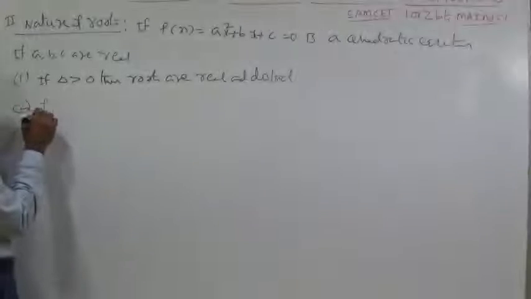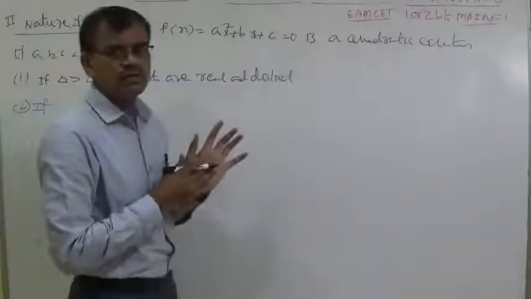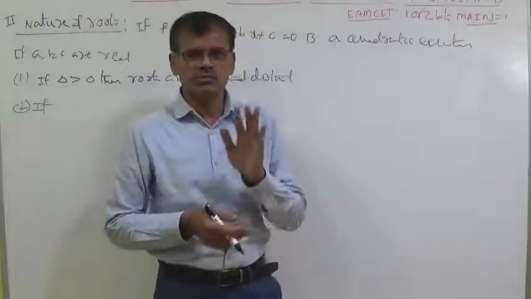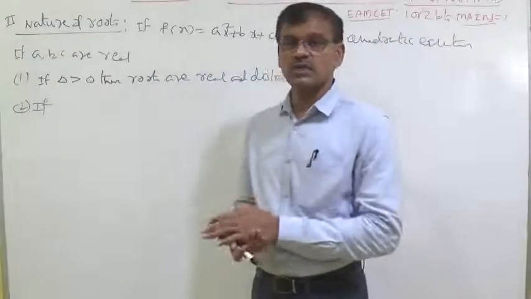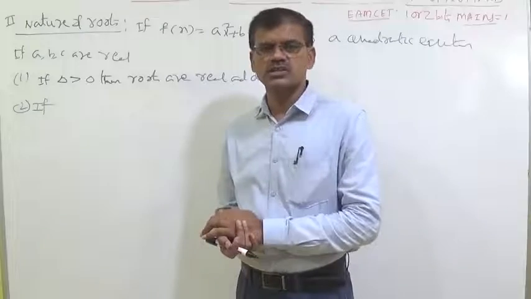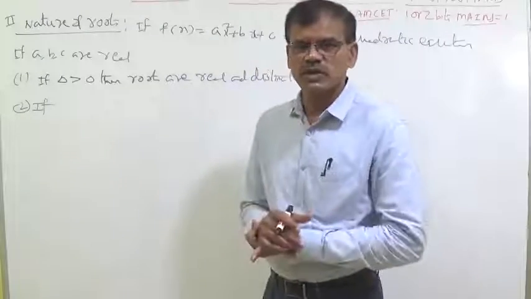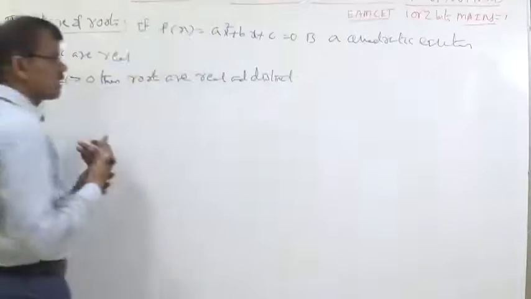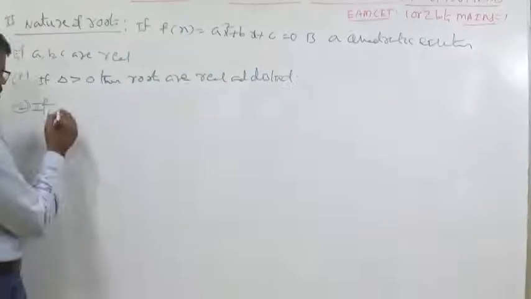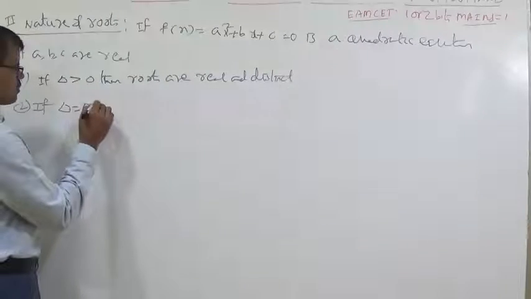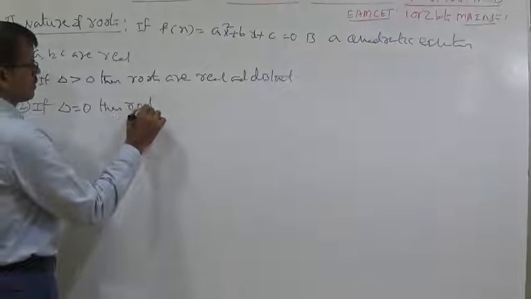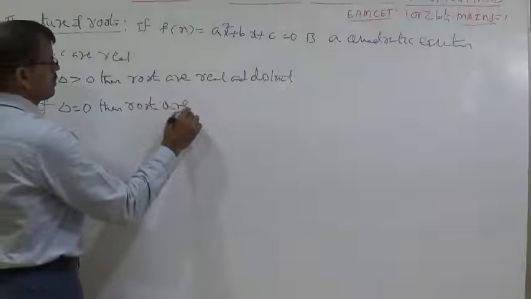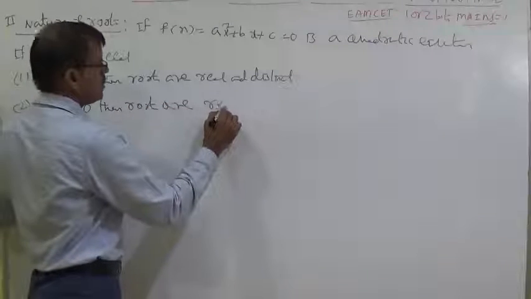There is no question of perfect square here. If a, b, c are real, then whenever delta is greater than 0 the roots are real and distinct, whenever delta is equal to 0 they are real and equal, and whenever delta is less than 0 they are conjugate complex numbers. That's all. There is no question of conjugate surds here. If delta equal to 0, then the roots are real and equal.